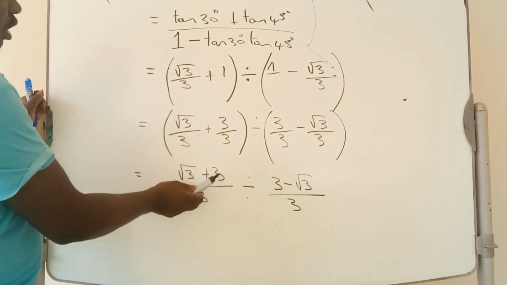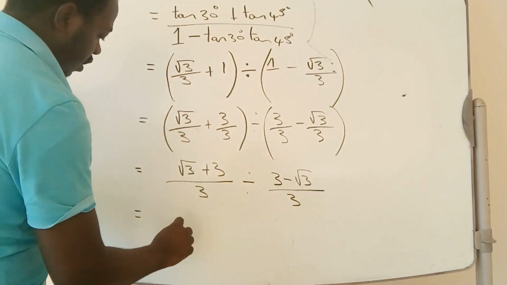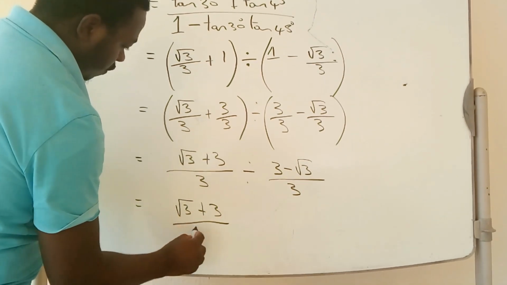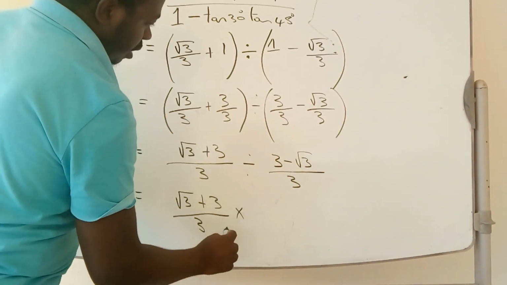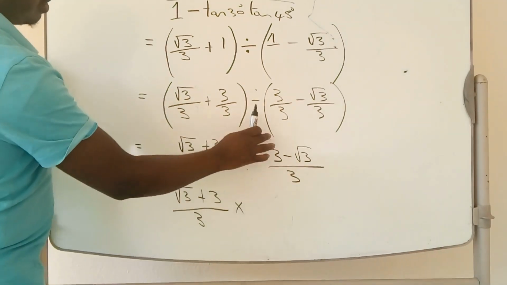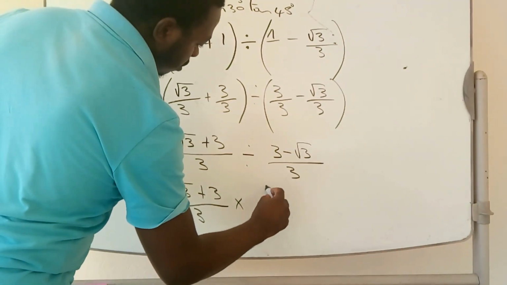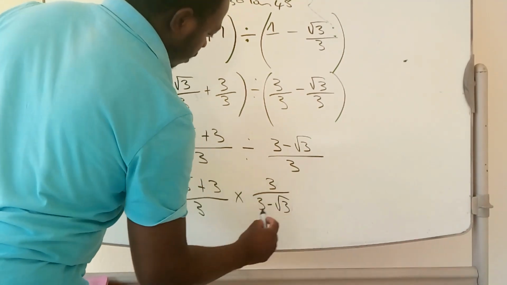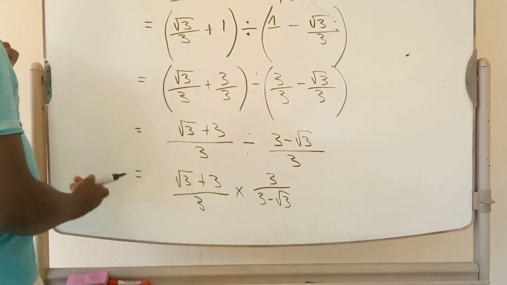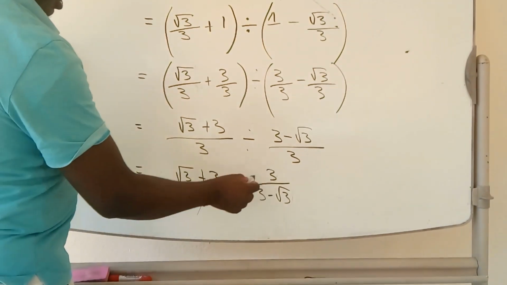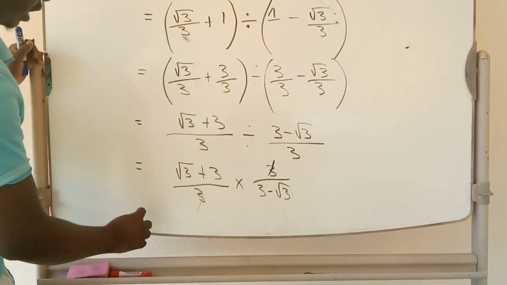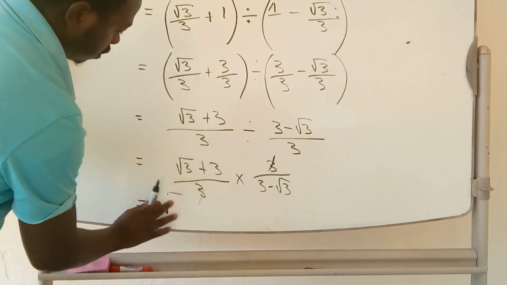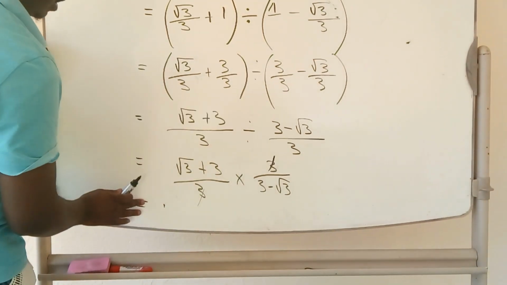And again, keep the first fraction, so this is the root of 3 plus 3 all over 3, multiply by the invert of the last fraction. So this, if you invert this, this becomes 3 over 3 minus root 3, right? Now the 3 will cancel out here, so our final answer, let me write the final answer over here.